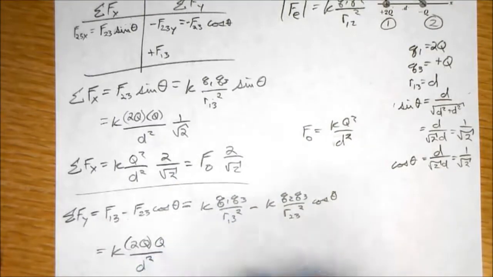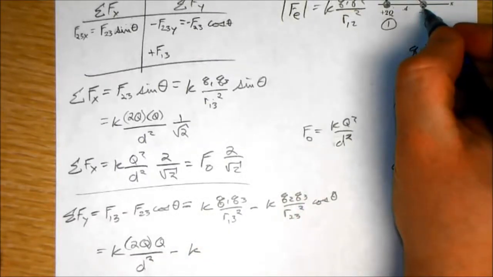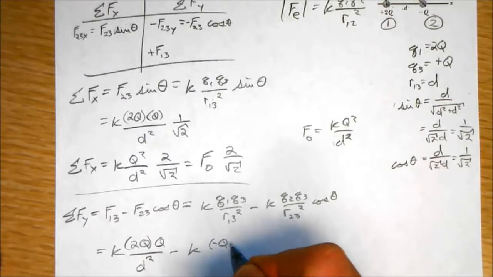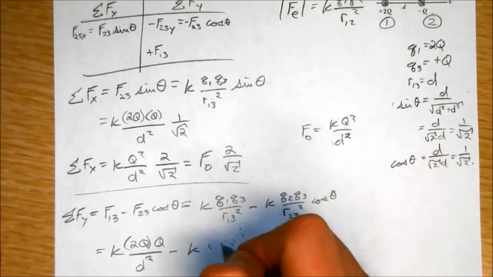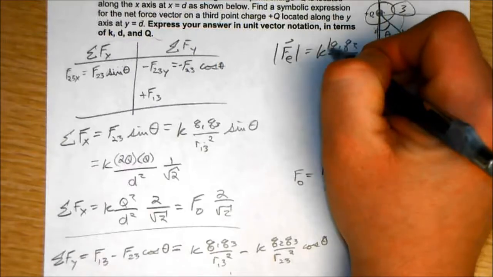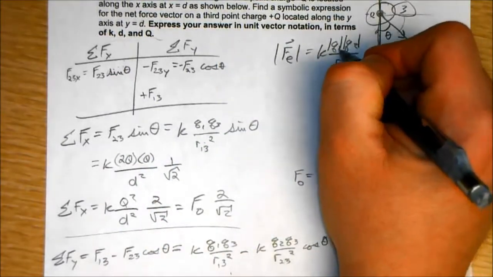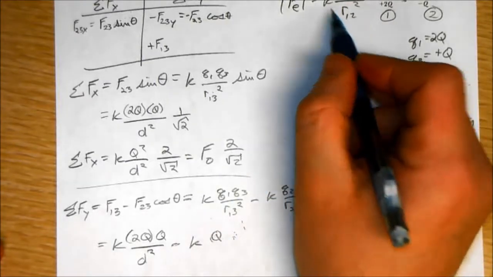Minus K times charge 2, which is negative Q. Well, let's not put that negative in there. If we go back to Coulomb's law, I should have stated that this is the absolute value. The reason I'm ignoring that negative charge is because I already have this negative here to indicate direction.